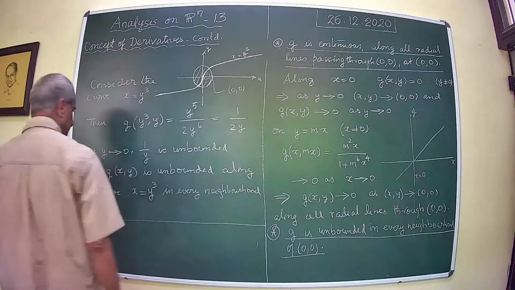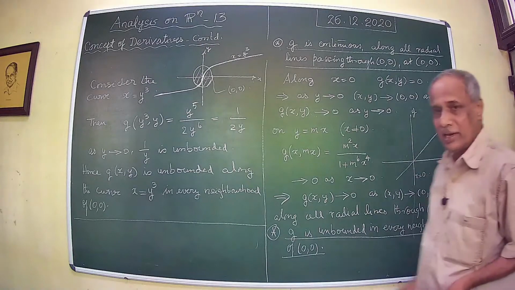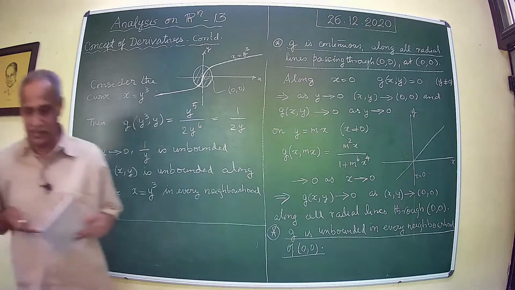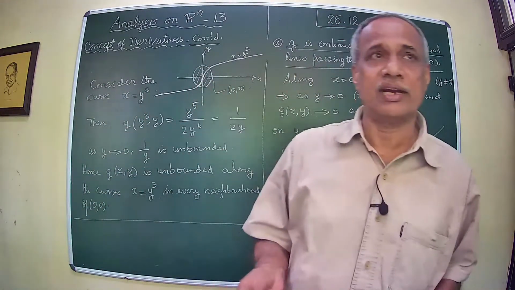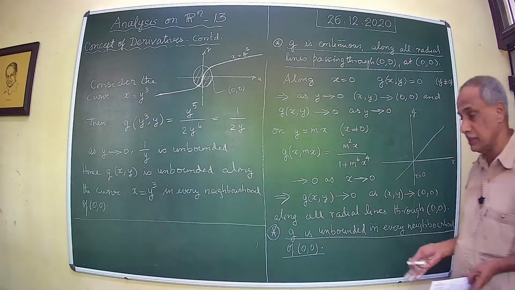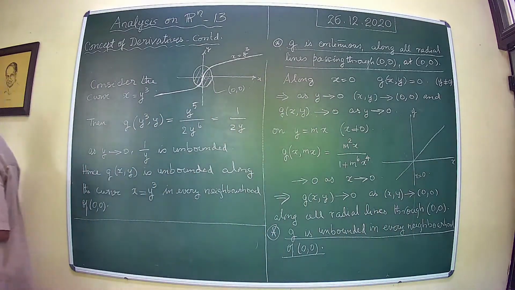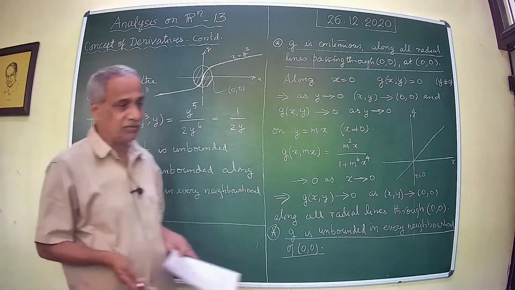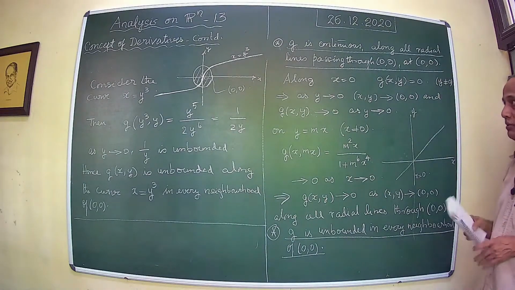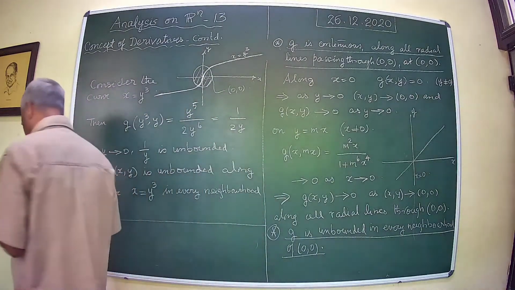So even if along the radial lines everything is fine, that does not really help you to conclude that the function is a continuous function or a bounded function. These things cannot be concluded just by looking at the function along the radial lines. It's a deception that you may have, that if you take the radial lines and investigate what happens to the function, that would give you information about the behavior of the function in the neighborhood of 0, 0. That is not enough. This is important.